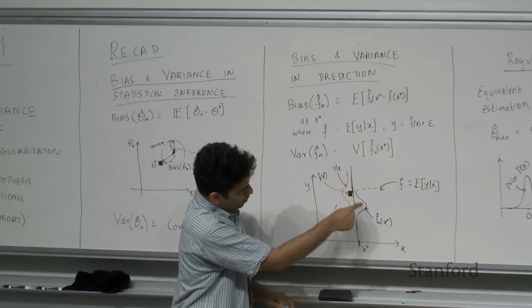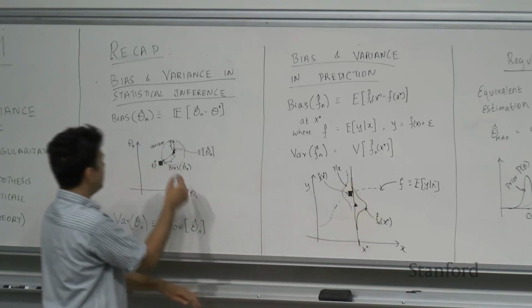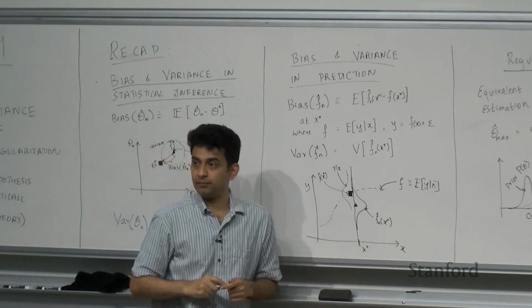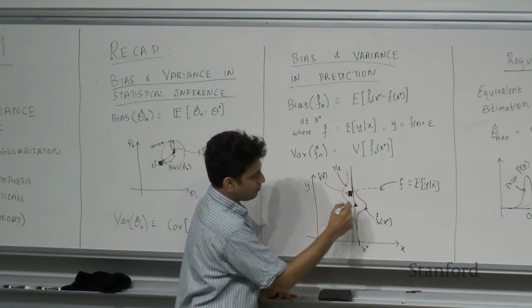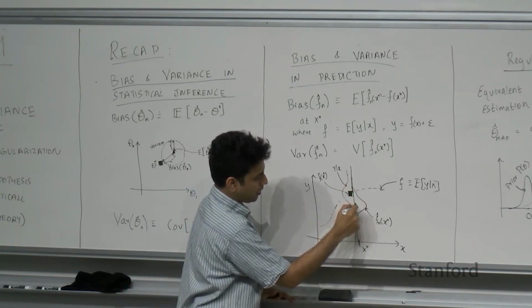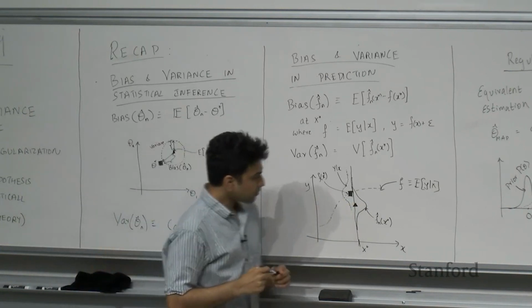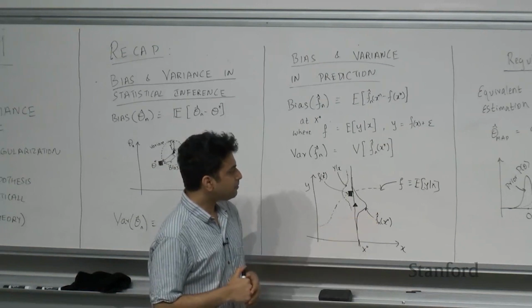The distribution with the thick line is similar to the earlier distribution, except it's in the prediction setting. And again, this distribution has a mean, which, just like before, I'm using a triangle to indicate, the mean of f hat n.